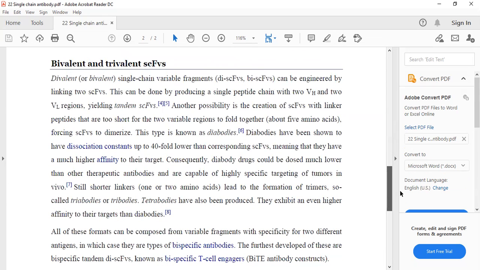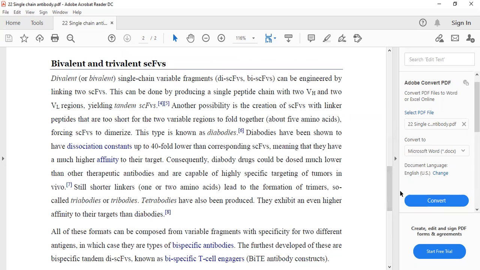Now, how are bivalent and trivalent single chain variable fragments prepared? If one single chain variable fragment binds to another single chain variable fragment, it will create a divalent fragment. And if one divalent fragment mixes with a single chain variable fragment, it will be a trivalent one.